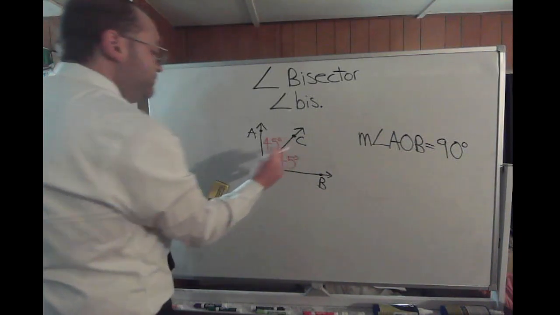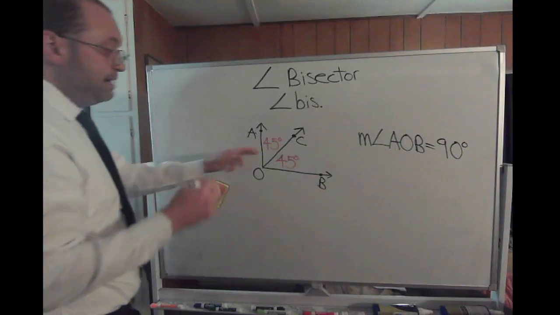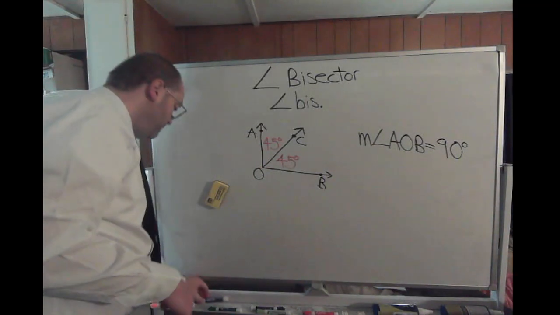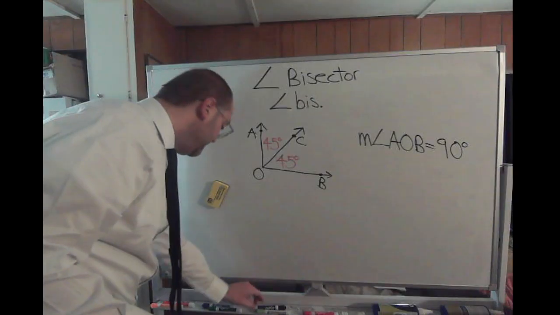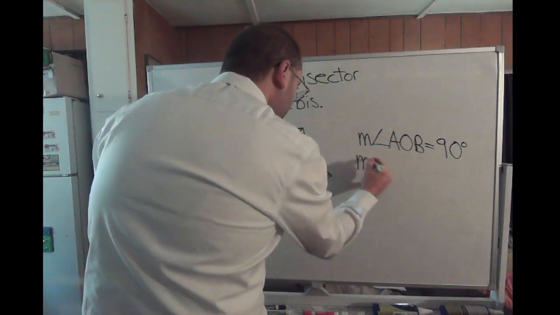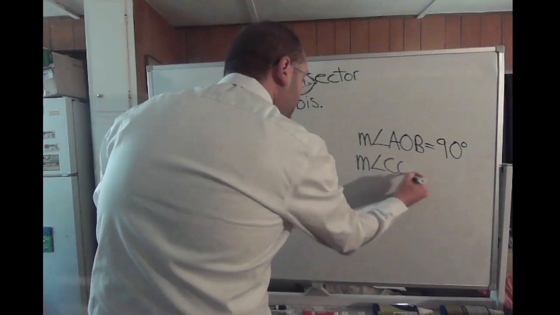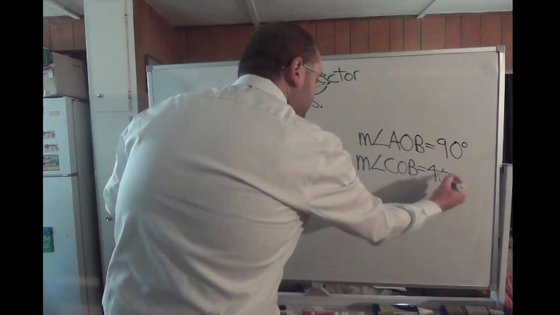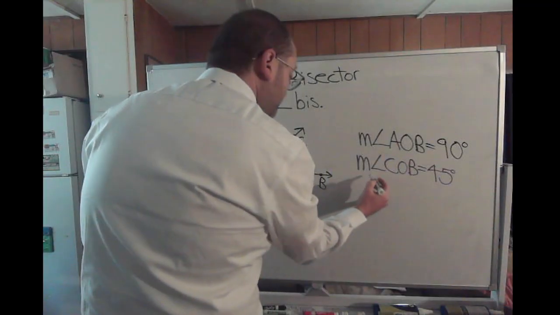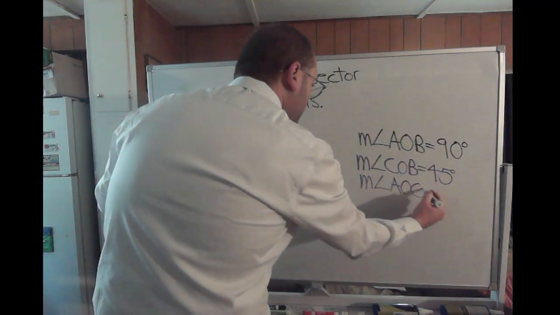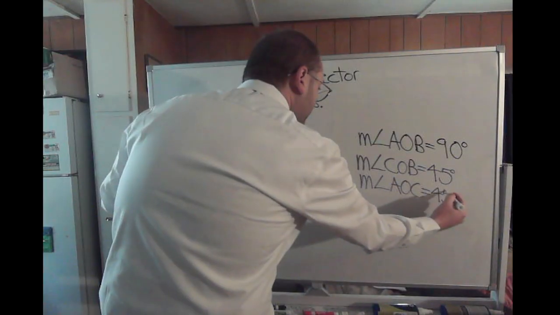The measure of angle COB is 45 degrees, and the measure of angle AOC is also 45 degrees.